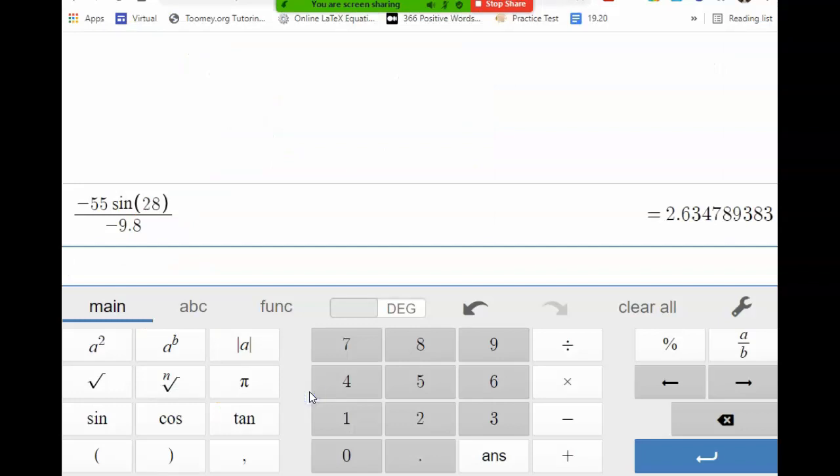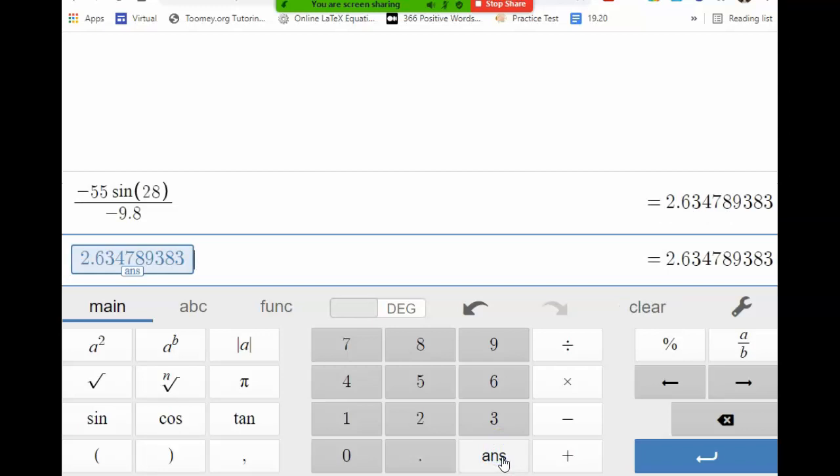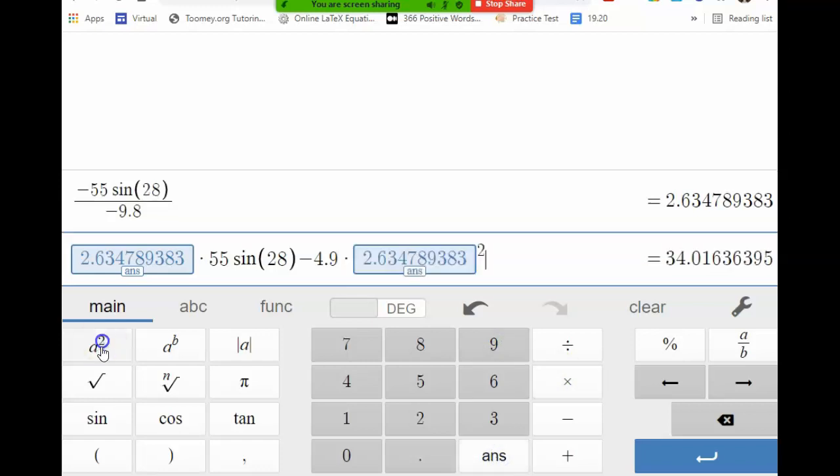I'm going to have the time, which is my answer above, times 55 times the sine of 28, close my parentheses, minus 4.9 times t squared, so that's the answer squared, plus 24.